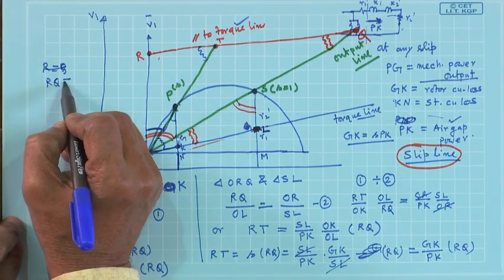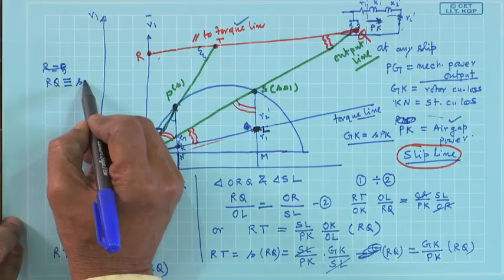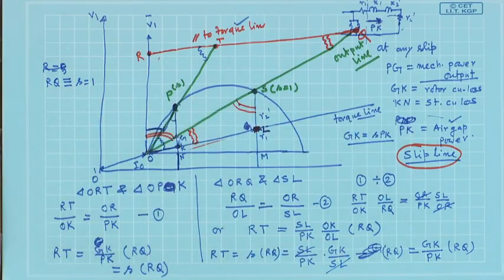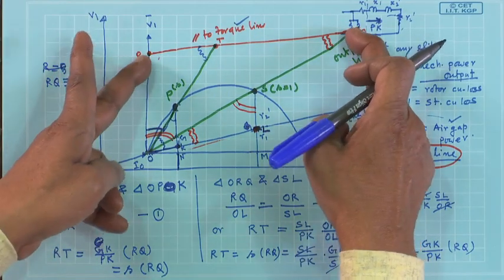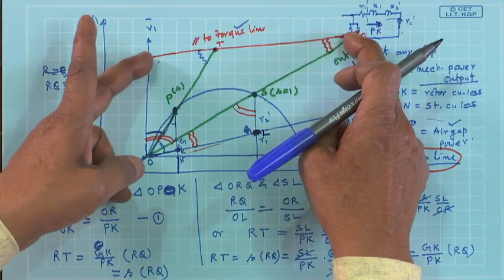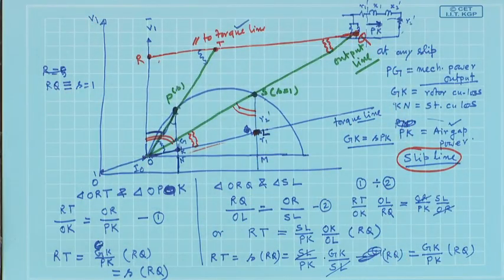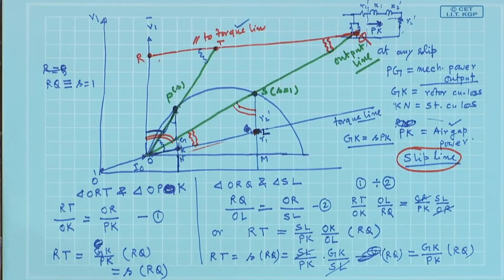Suppose I say that it is equivalent to slip equal to 1. This whole thing I will say slip equal to 1, this length represents. Then I immediately know RT will represent slip.